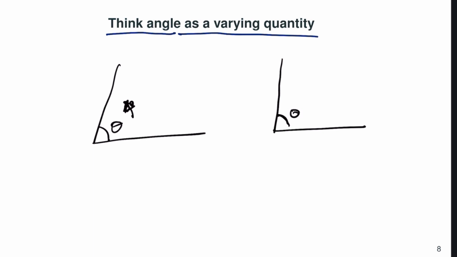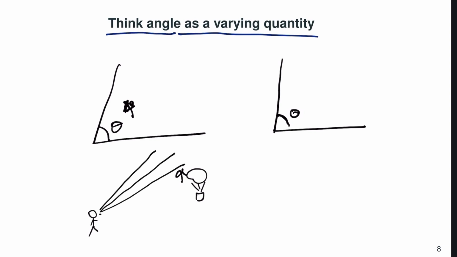Okay. For example, if I'm looking at, let's say, a hot air balloon going up, as it goes up, this angle changes, right? From my ground, the angle to the ground changes.